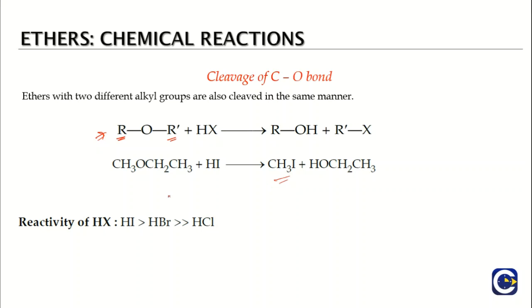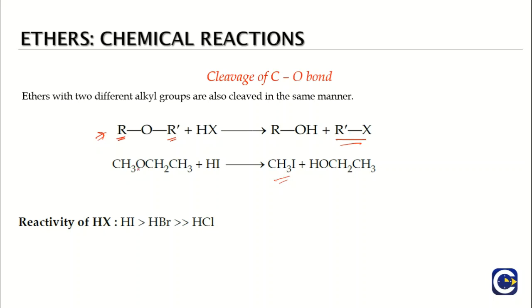In these cases the alkyl halide is always formed from the smaller alkyl group. The smaller alkyl group will always form the halide. So in this case R dash should be the smaller one, and the other should be the bigger alkyl group. This is an example.